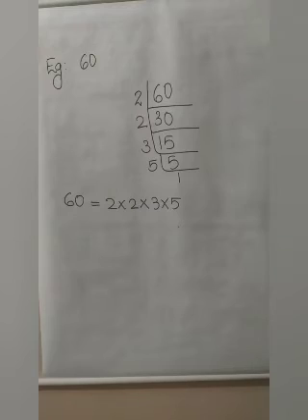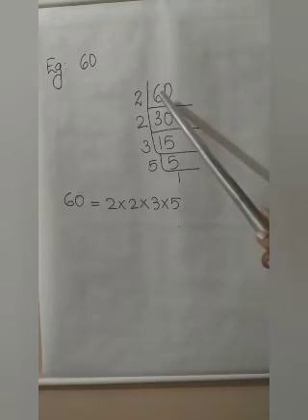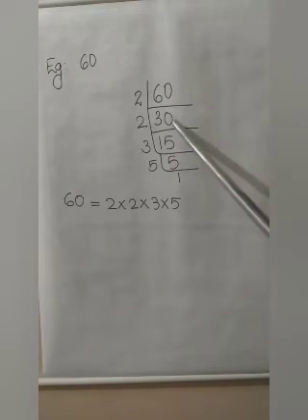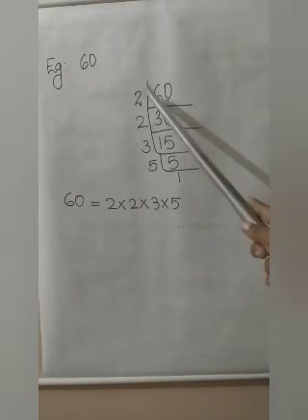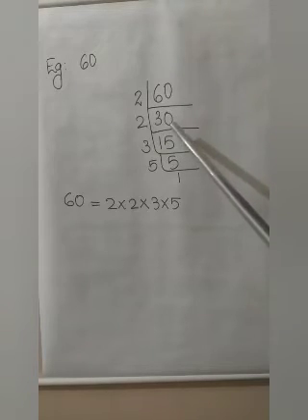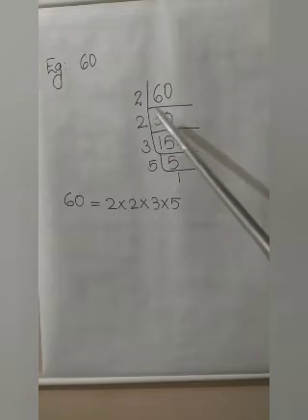60, since it is an even number, we can start with which prime number? 2. So I am dividing 60 by 2. 6 in 2 how many times? 3. Then writing the 0. So 60 divided by 2, you are getting 30. Now again 30 is an even number, you can use 2. Again dividing 30 by 2, you are getting 15.